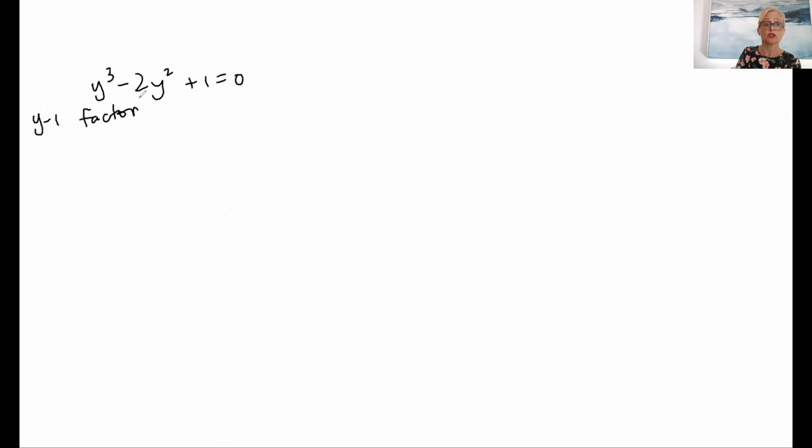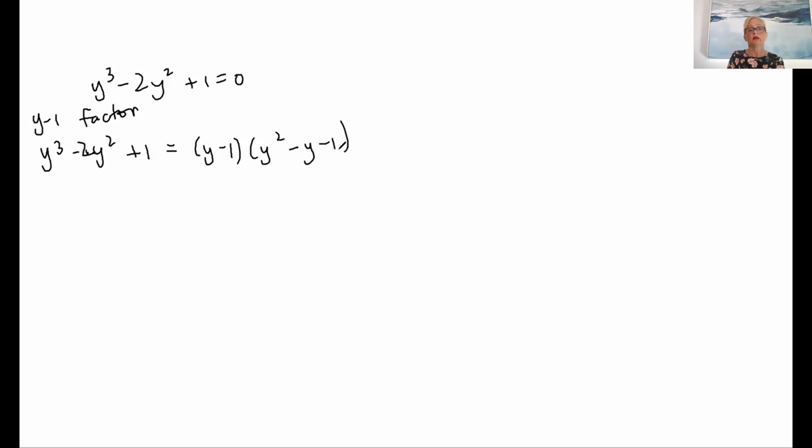And we did our division and we got that this is the same as y minus 1 times y squared, what was it, minus y minus 1. All right, so now we're going to put that equal to 0. So y minus 1 is obviously, y equals 1 is obviously a solution. So y equals 1 is a solution.